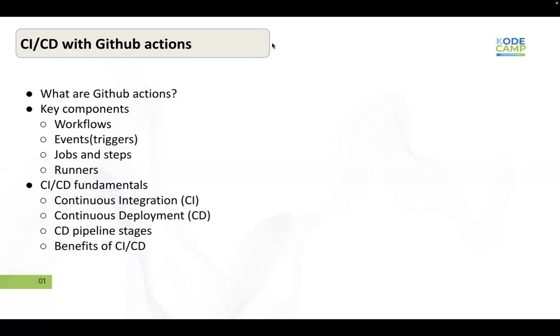I mentioned four things GitHub Actions can do: trigger events, run jobs, use actions, and manage secrets.